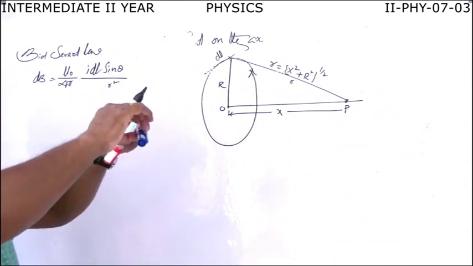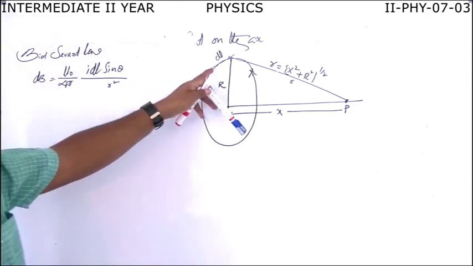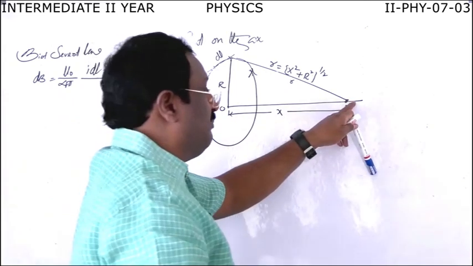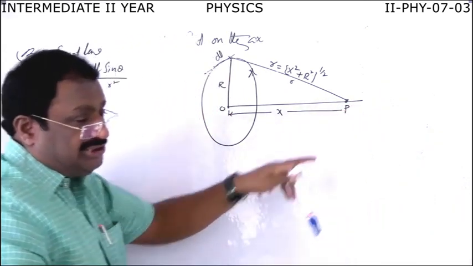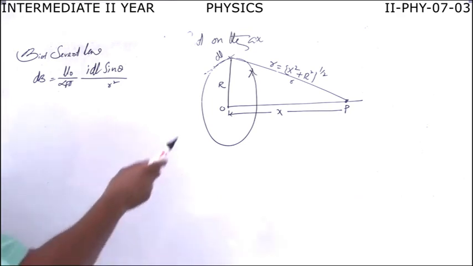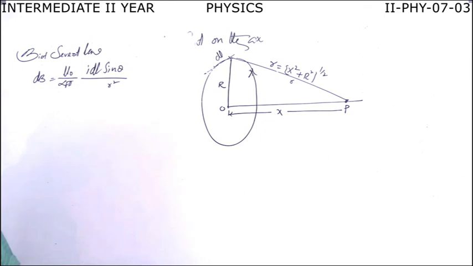So this obeys the vector product. The direction of the element, the position vector, and the magnetic field, these 3 obey the vector product. If these 2 are always perpendicular, then sin theta becomes 1.